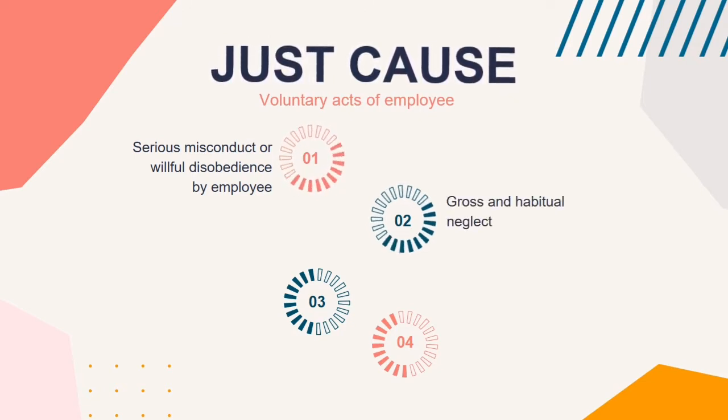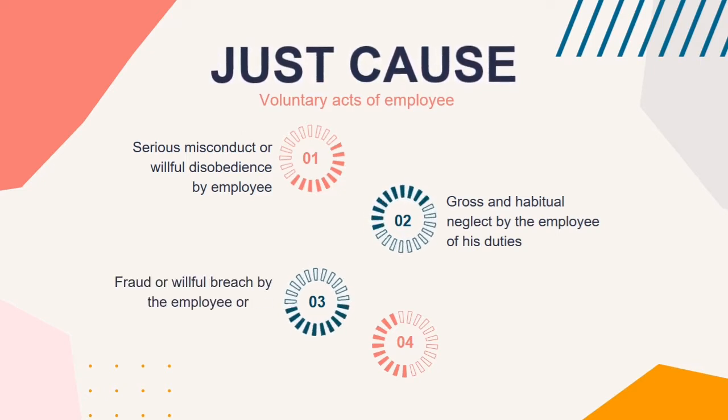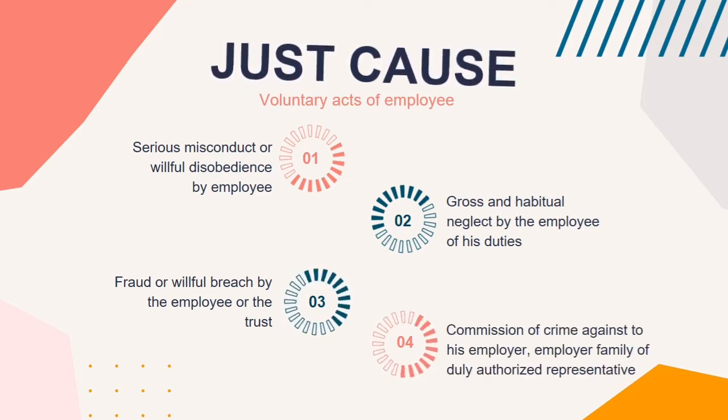Second, gross and habitual neglect by the employee of his duties. Also, fraud or willful breach by the employee of the trust imposed on him by his employer or those in authority, or the commission of a crime against his employer, the employer's family, or his duly authorized representative.